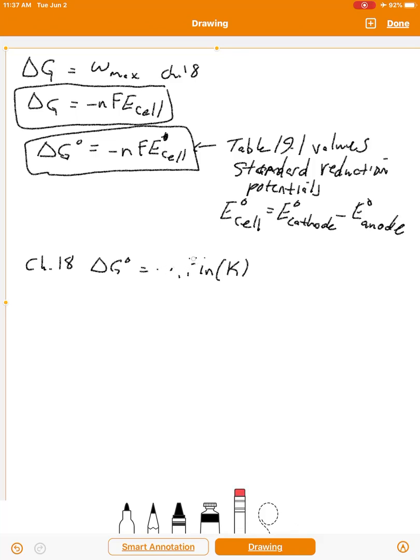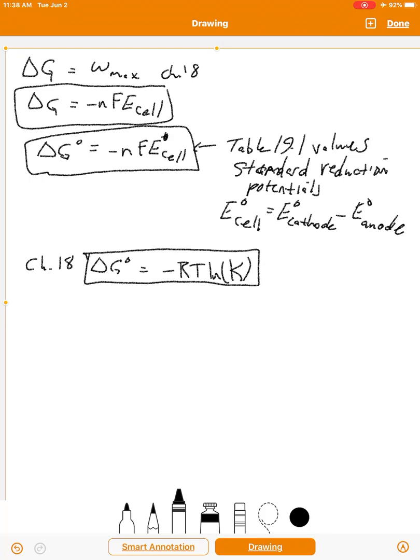Sometimes I do that. My mistake. Minus RT ln K. There we go. We said the standard Gibbs free energy change is related to the equilibrium constant by minus RT ln K.